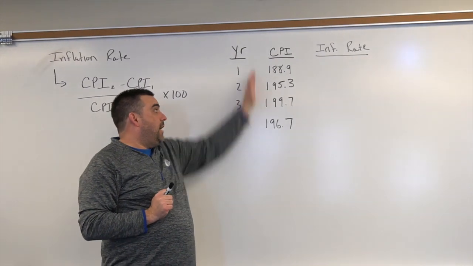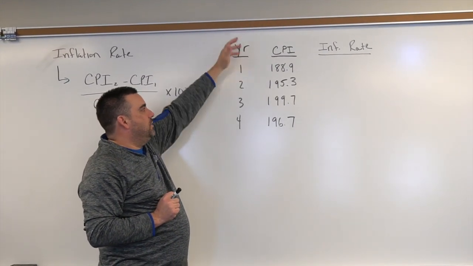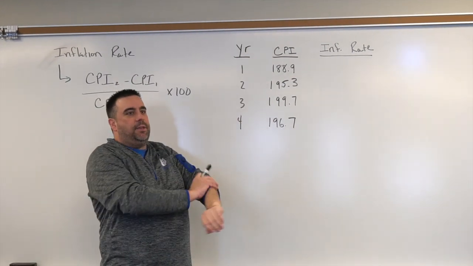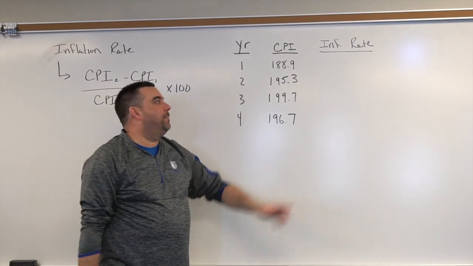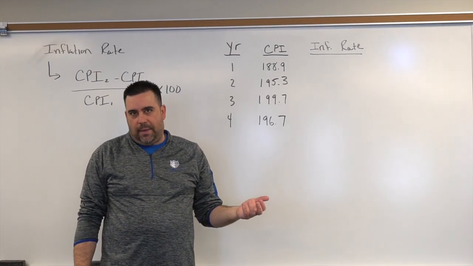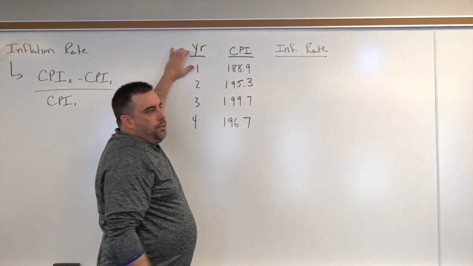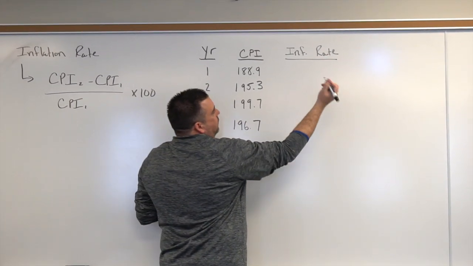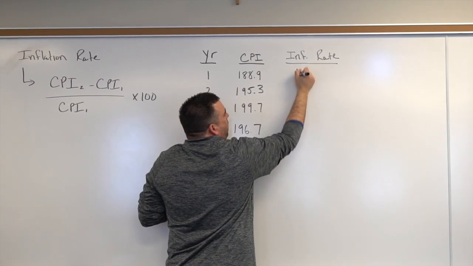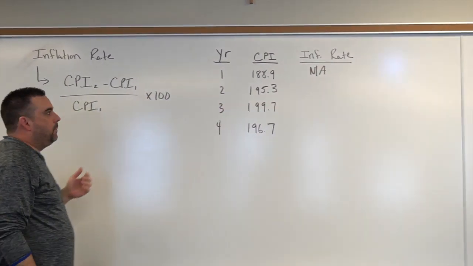We did need it to find the CPI. So there was a base year calculation somewhere that was done to get these CPI values, but we don't need to know anything about the base year to find the inflation rate. We just need to compare 2 years back to back. So since I don't have 2 years in year 1, I can't do it for the first year. I think all semester we've just done NA for that, and that's fine. That's what I'll do right there.